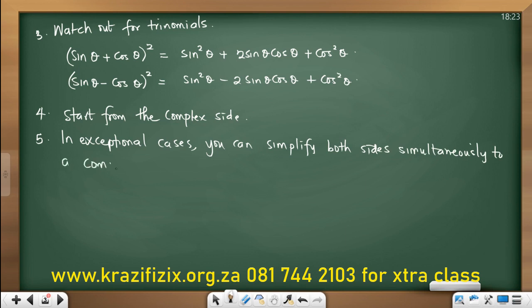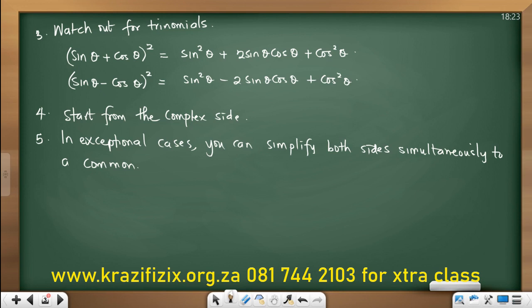You are allowed to do that. That is, if you cannot get it, you prove the left hand side to a point. You prove the right hand side also to that same point. If they give you the same expression, then you're done. Left hand side will be equal to the right hand side.